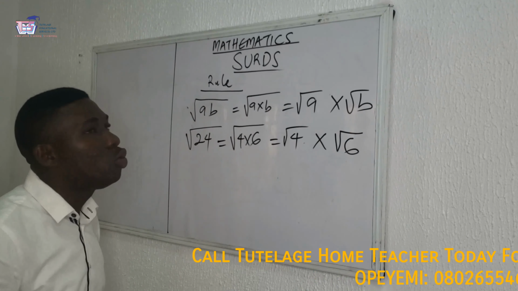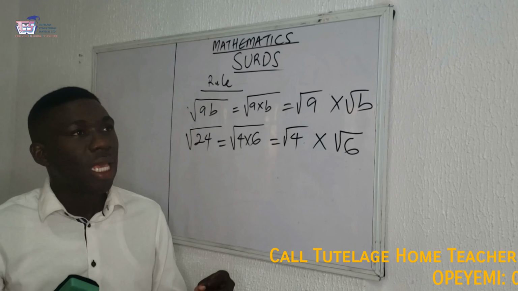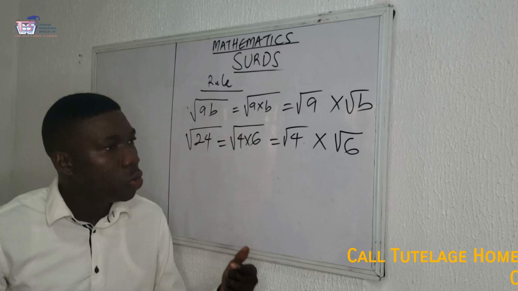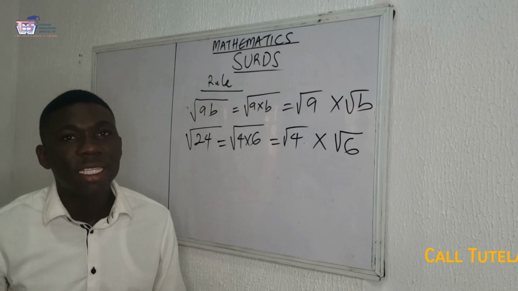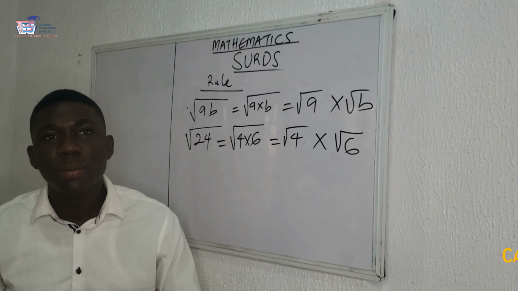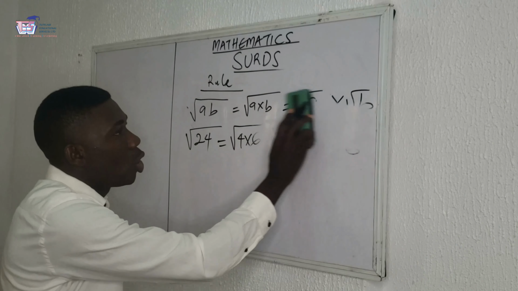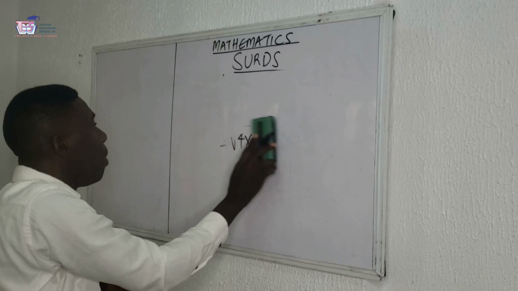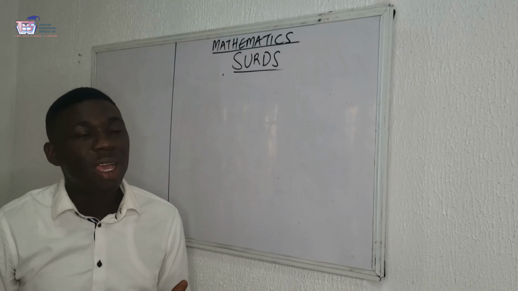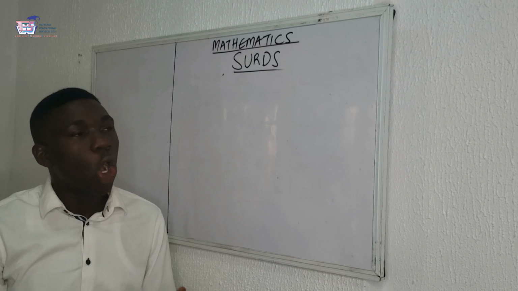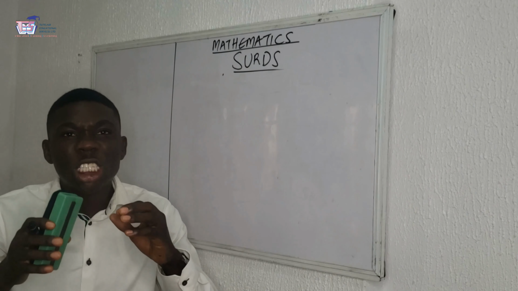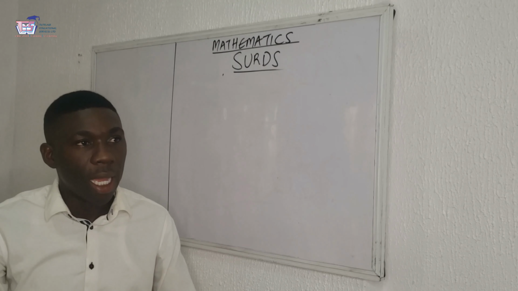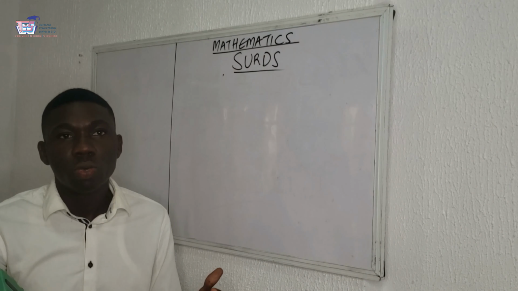Now, how do I write a particular root that is non-perfect into a surd form? It is very simple. Once you have noticed that your number is not a perfect square and you are taking the root, it is very easy. All you need to do is split the number into two.